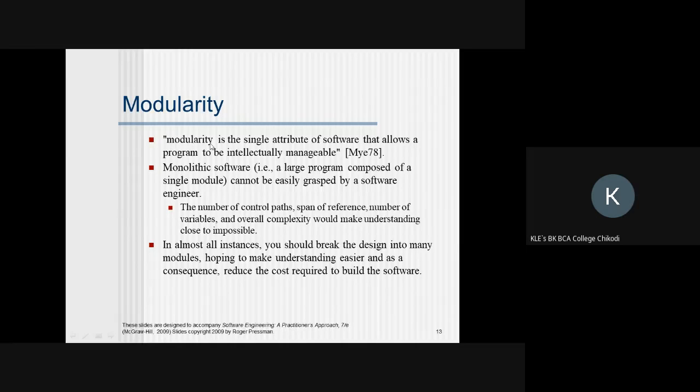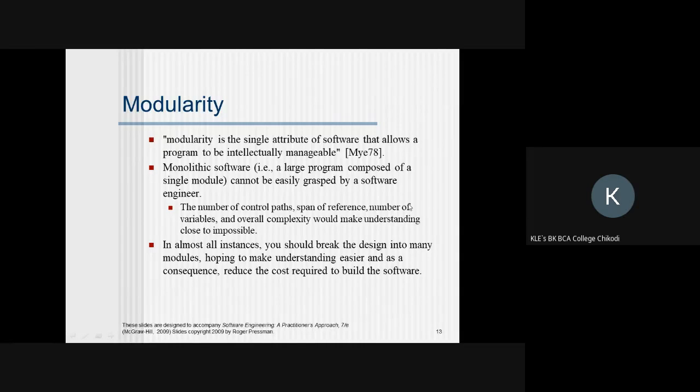But modularity is required. Nowadays the complexity and the requirements of end users are increasing, so the development of software systems is also becoming complex. That is why it is easier to divide and develop according to the divided tasks. During development, integrated development environments also provide a modularized way of development.